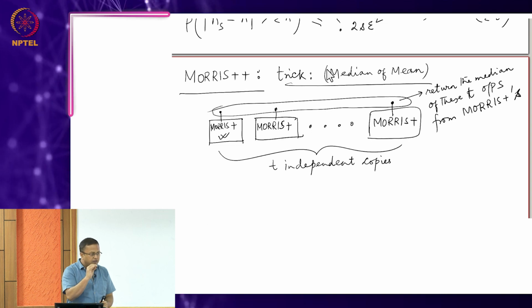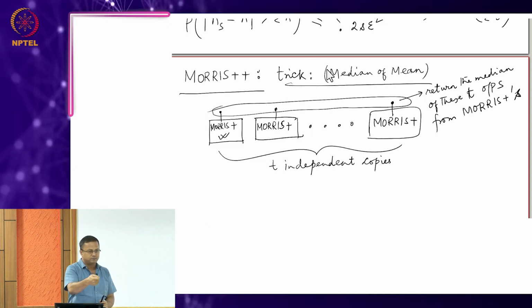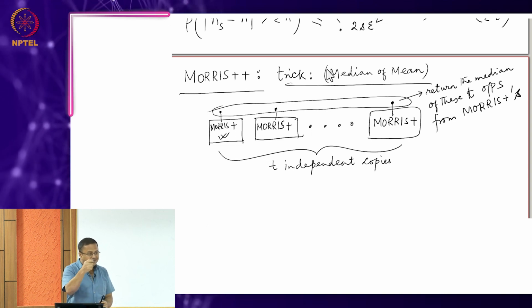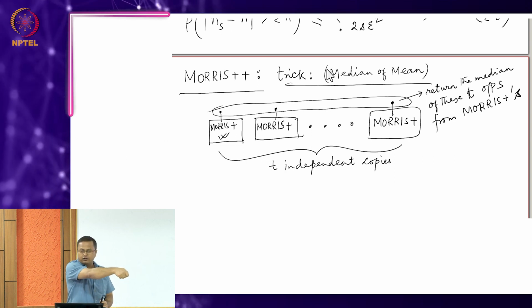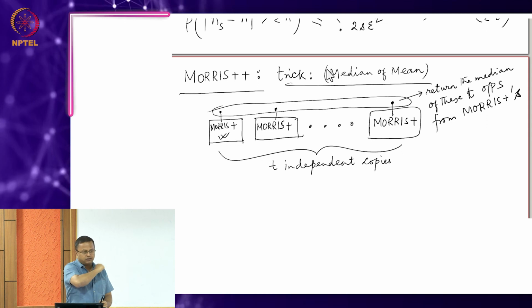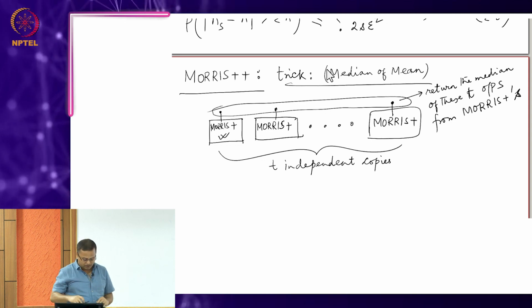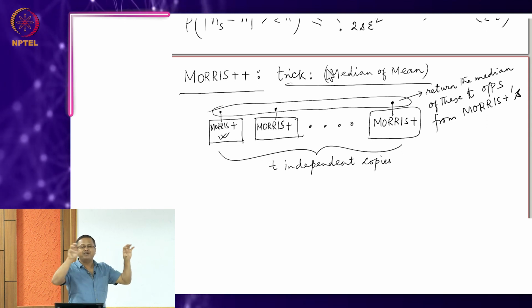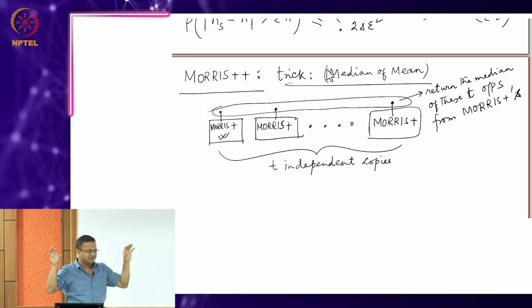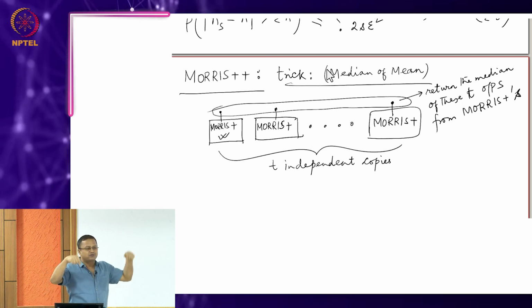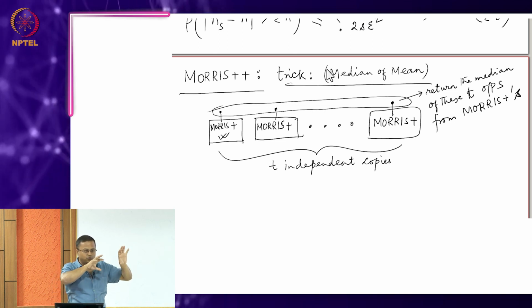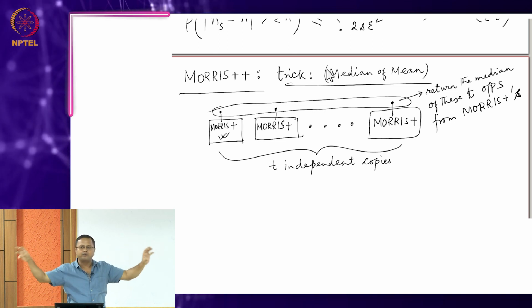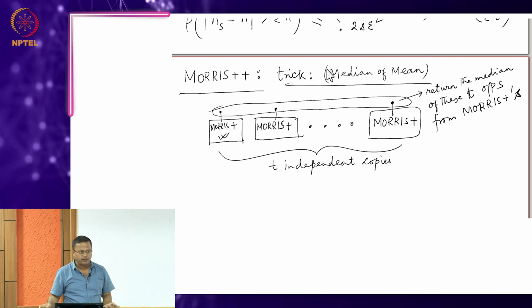Because until you fix your delta, you do not get your space. You need to run integrally many copies of Morris, so you fix your delta, take suitable ceilings and floors, to know how many integral copies of Morris you would be running.